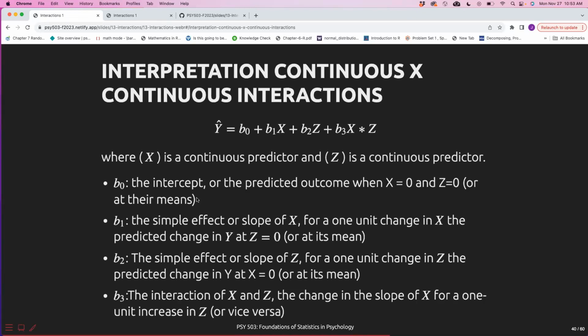Simple enough. B sub 1 is the slope of X: for a 1 unit change in X, the predicted change in Y when Z is equal to 0 or at its mean. B sub 2 is the slope of Z: for a 1 unit change in Z, the predicted change in Y at X equals 0 or at its mean. And B3 is our interaction term between X and Z. It's the change in slope of X for a 1 unit increase in Z, or vice versa.